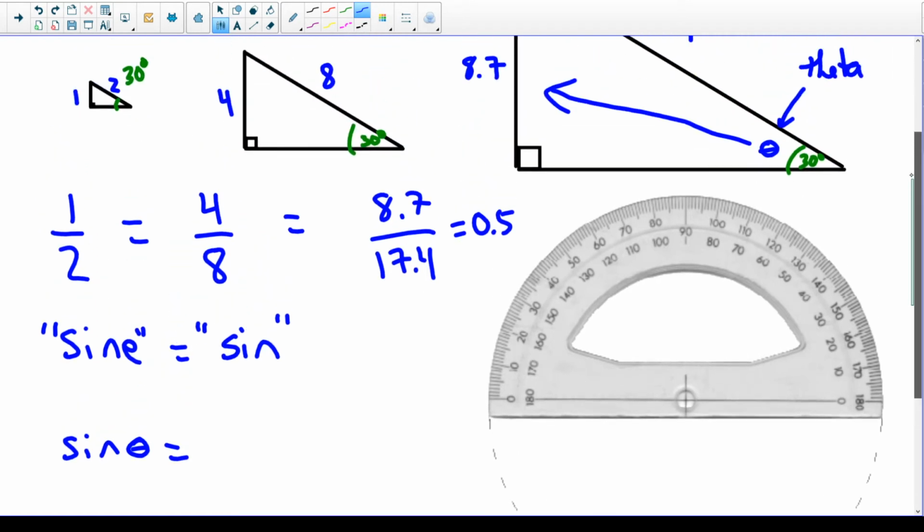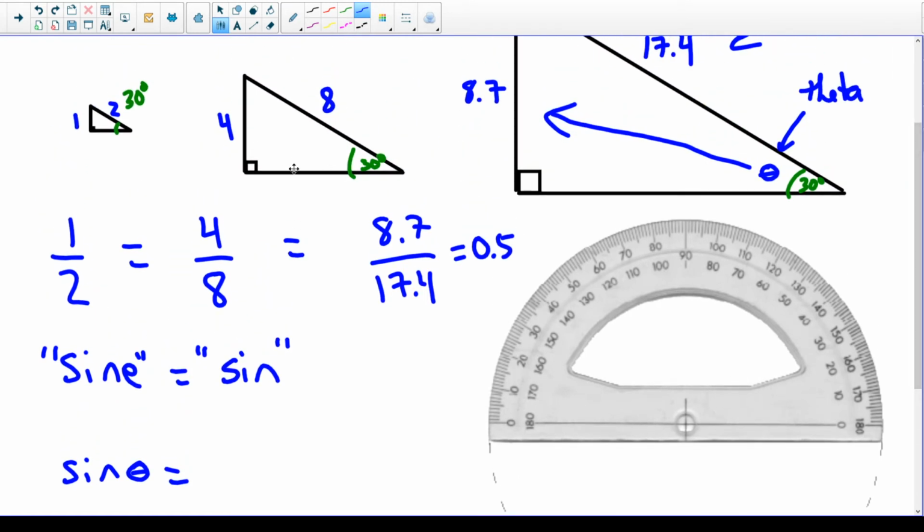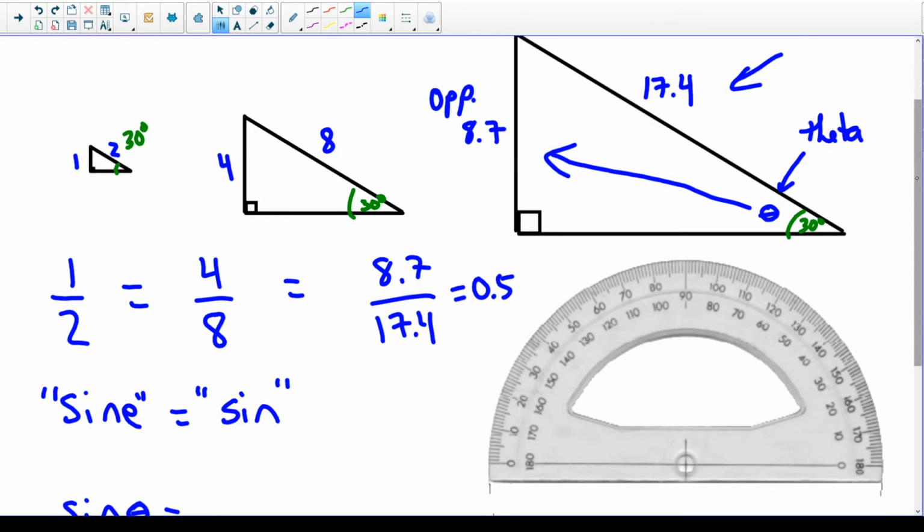Now, they actually named the sides so that we knew, as mathematicians following in their footsteps, what sides they are talking about. Well, if I'm going across the triangle from the angle to get to the first side in my ratio, we call that the opposite side, because it's across the triangle on the opposite side of the triangle. And we've already talked about the longest side being the hypotenuse.